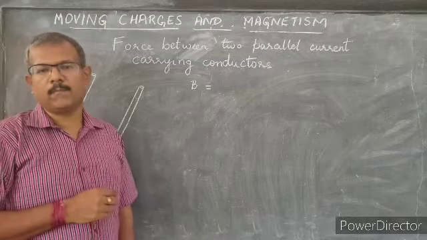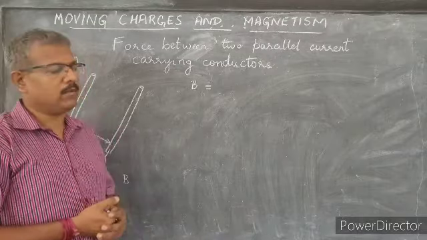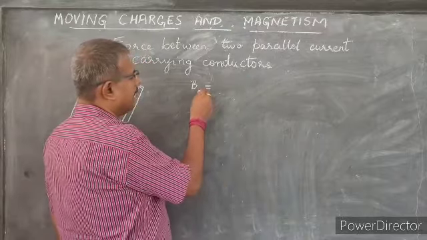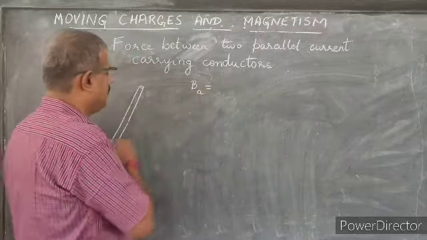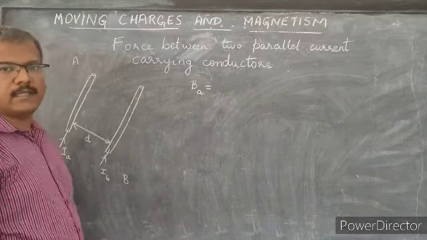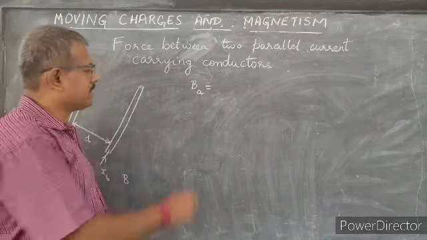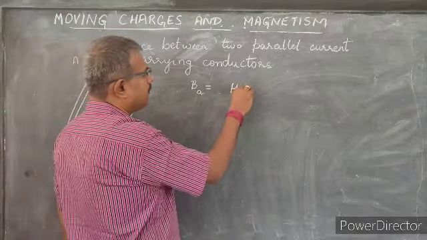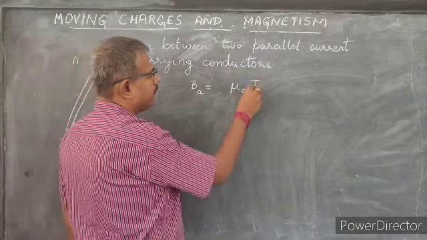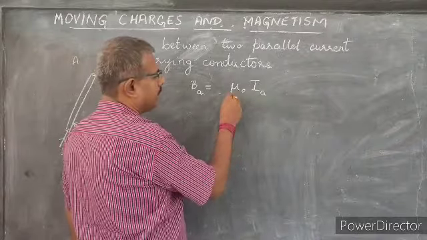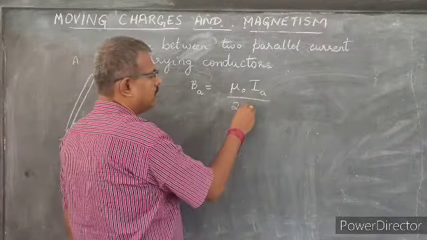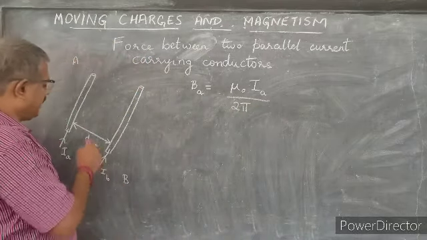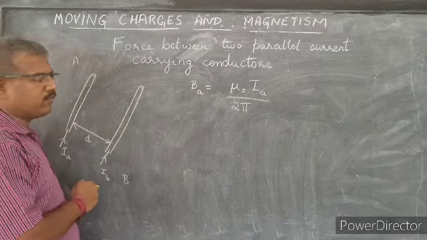So let's make use of the Ampere circuital law, and based on that we find that the magnetic field, let's say BA, due to the current carrying conductor A, is given by mu naught times IA divided by 2 pi r. r is the distance from the current element to the point of interest.